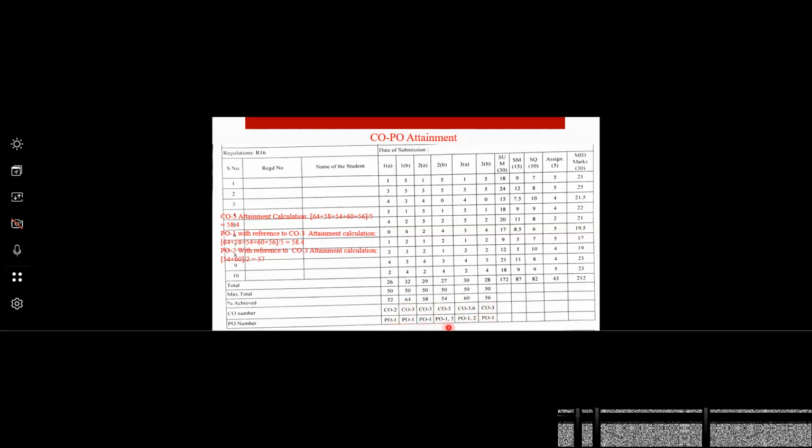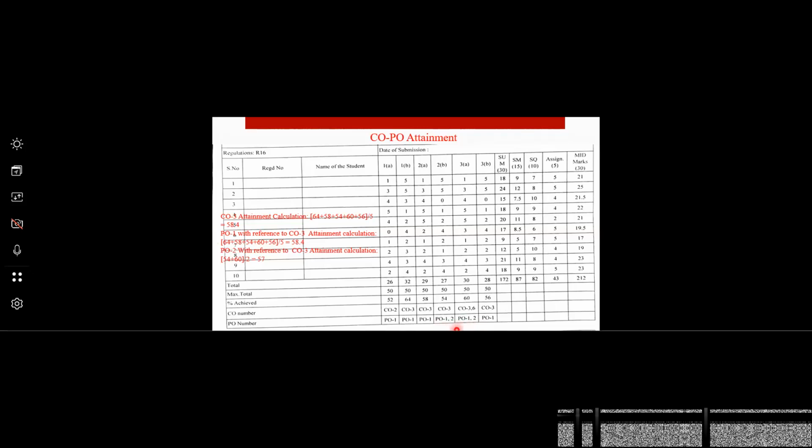Program outcome 1 is mapped to almost all questions. As you can see, PO1 is in 1A, 1B, 2A, 2B, 3A, 3B also. But program outcome 2 is mapped to only 2B and 3A, right? So keep these things in mind.